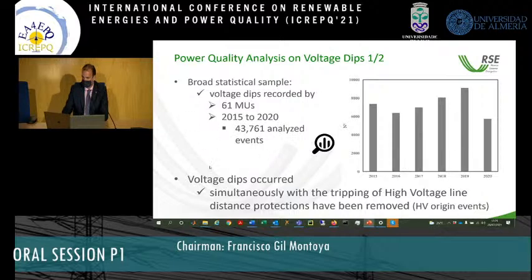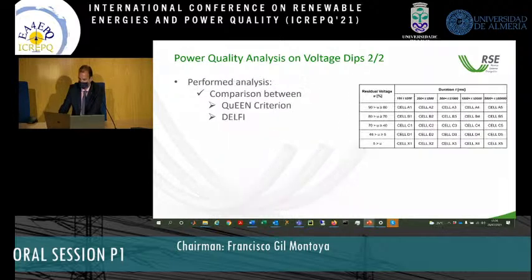From these statistics, we removed events occurring simultaneously with the tripping of a high voltage line distance protection, because they are not of interest for regulatory purposes, as these events have to be attributed to the TSO and not to the DSO.